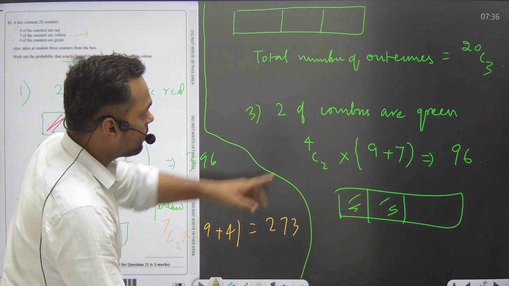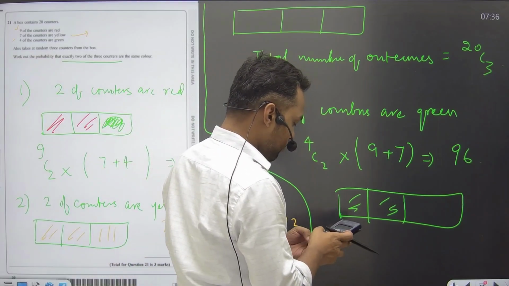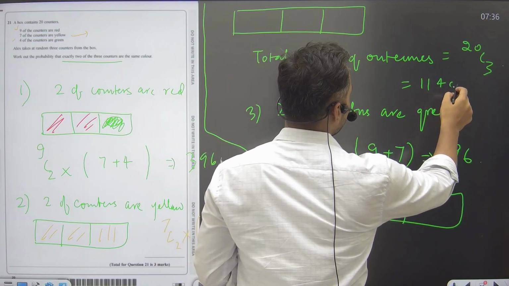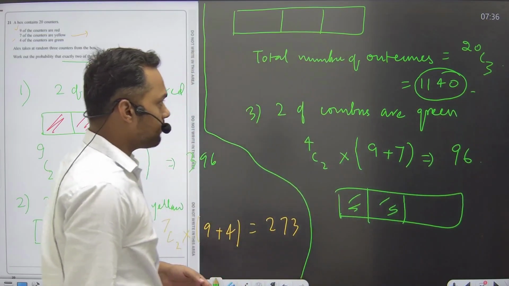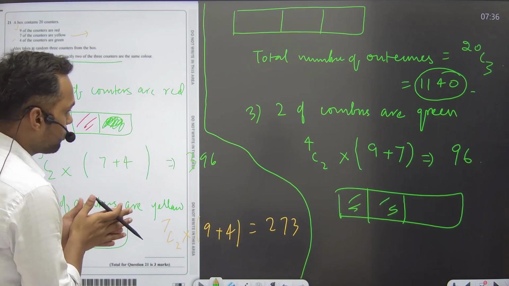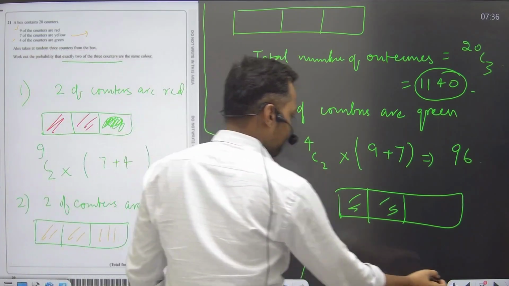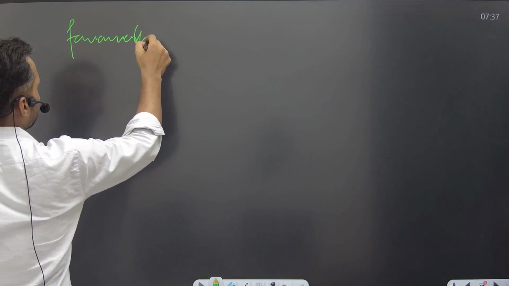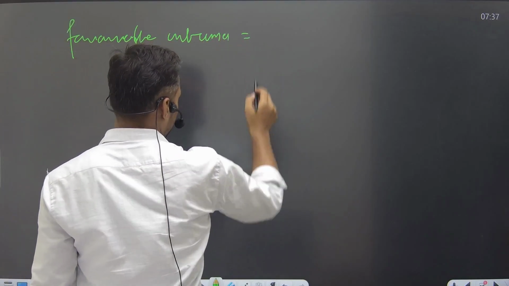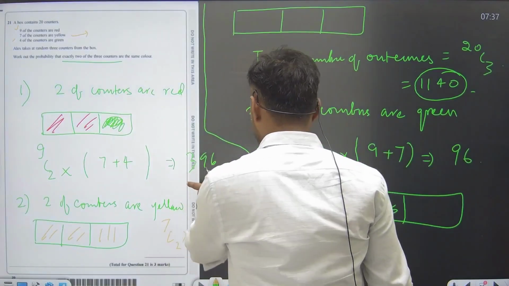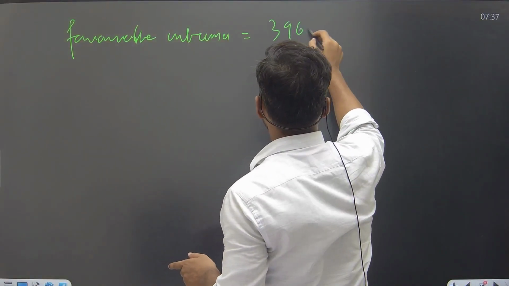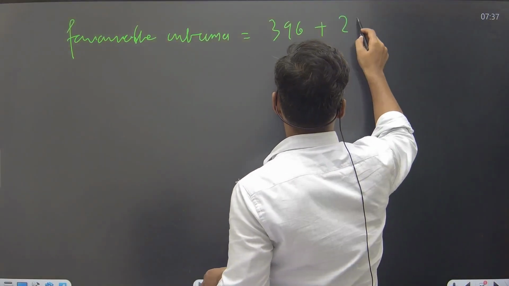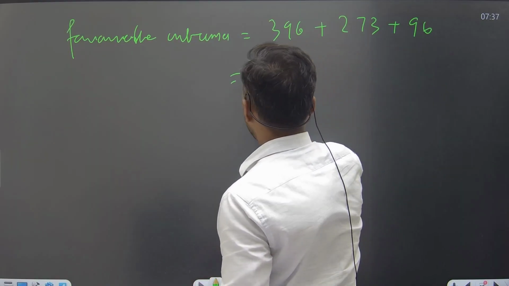Now the total number of outcomes was 20C3, that is equal to 1140. Okay, now we have got the favorable outcomes, student. So the favorable outcomes here will be equal to 396 plus 273 plus 96.